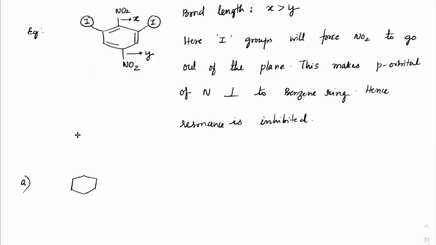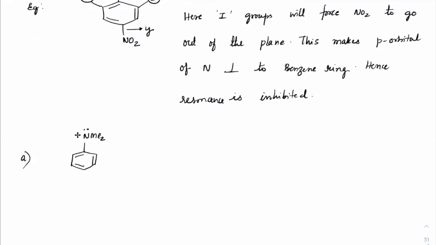Suppose you were asked, I have NMe twice, N,N-dimethyl aniline. Okay, so this is an aniline form, N,N-dimethyl aniline. Suppose here the bond length is X. I'll take this as the first form, second form.